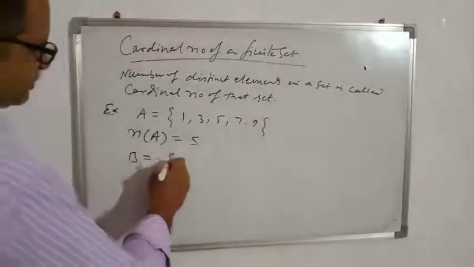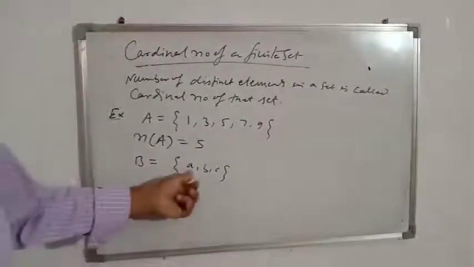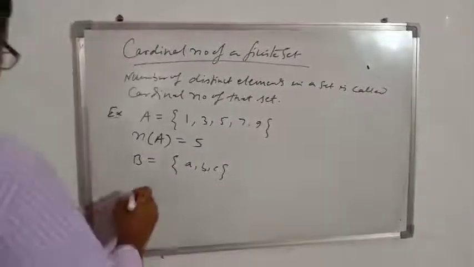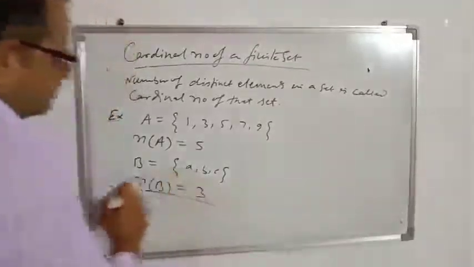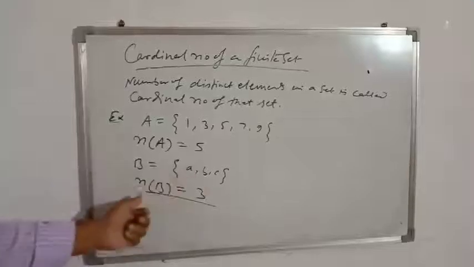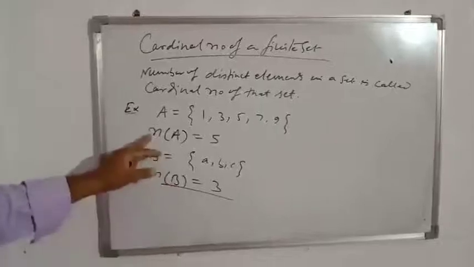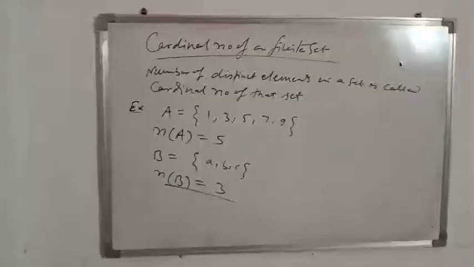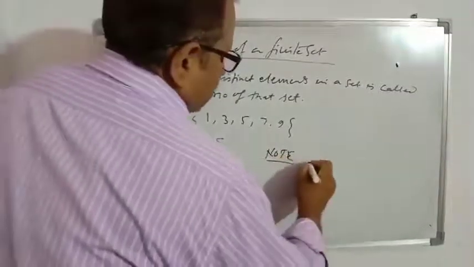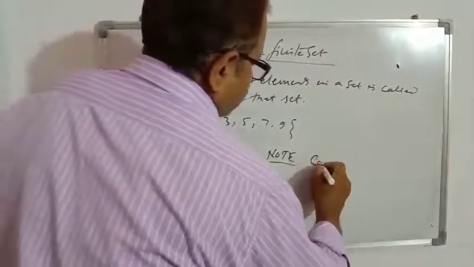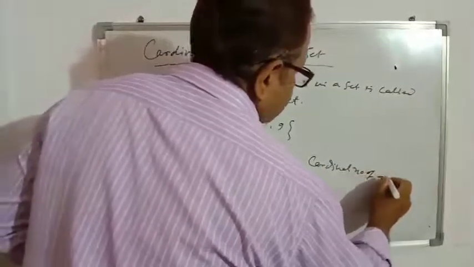See next one. Suppose A, B, C. Only there are 3 distinct elements in this set. So cardinal number of set B is equal to 3. NB means cardinal number of set B, NA means cardinal number of set A. So then, what is cardinal number of null set?